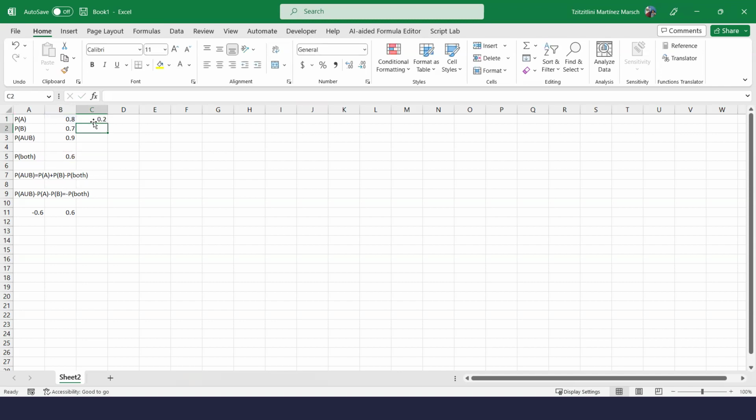So we can put 0.1, and it would be specifically this 0.7 minus this 0.6, to have just one. So it'd be 0.2 plus 0.1.